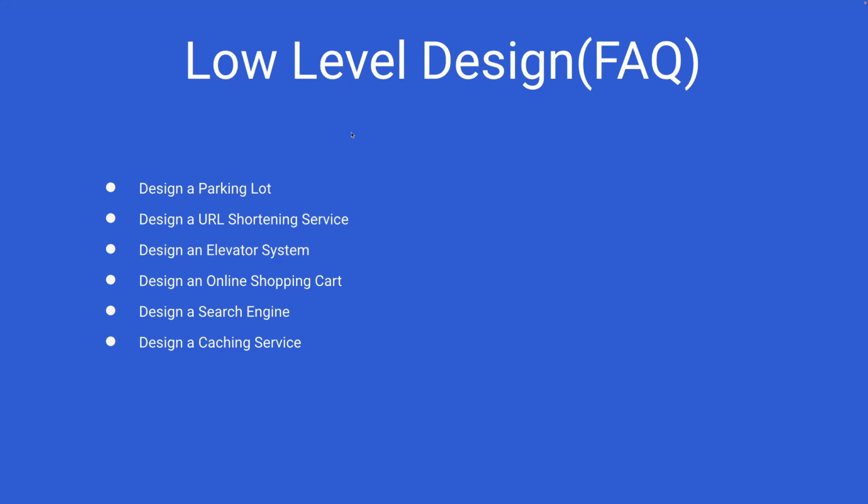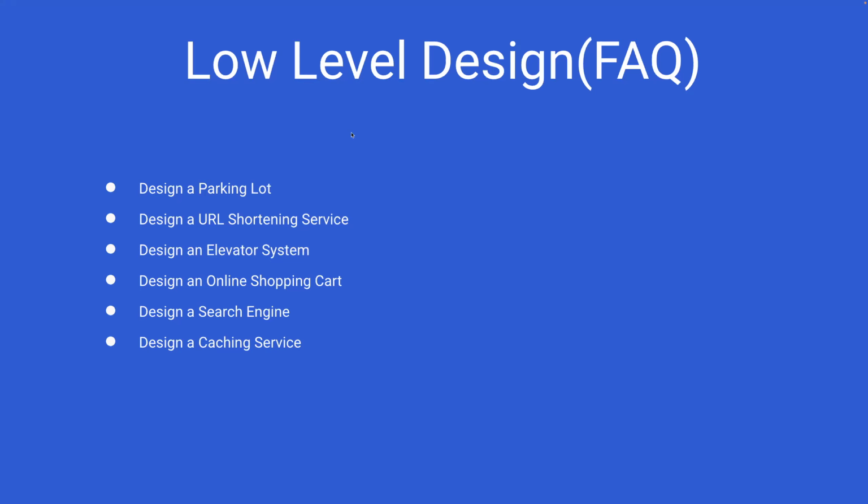Design an online shopping cart. Here you need to take care of the multi-threaded question, with the approach which I talked about. Design a search engine. When they give you a search engine question, they mostly want you to implement a trie data structure, basically prefix searching on some element.